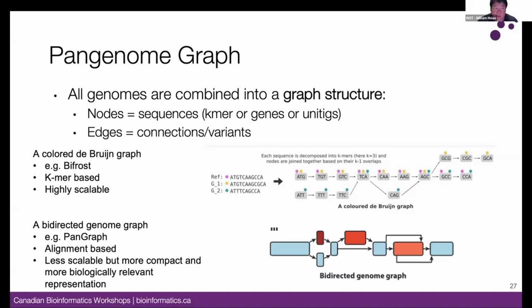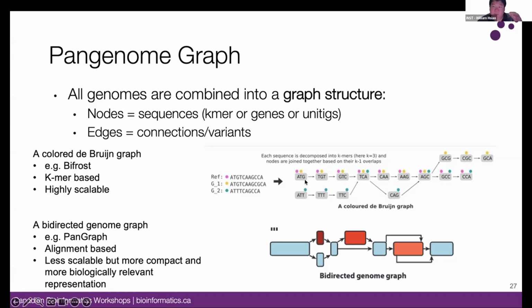Okay, so the first type of graph representation I want to talk about is this colored de Bruijn graph, which we will use in the tutorial. In this case, the genomes are decomposed into k-mers, as you can see here.